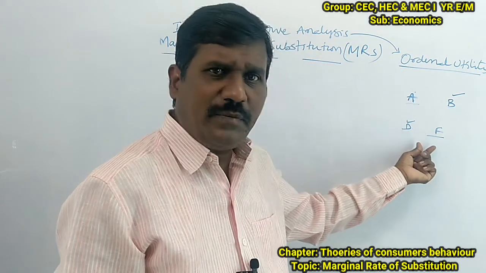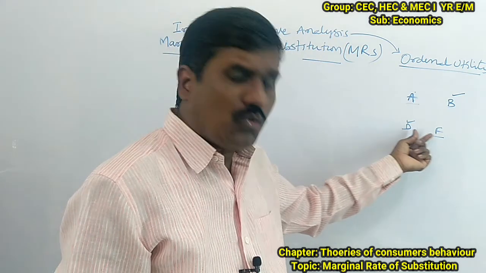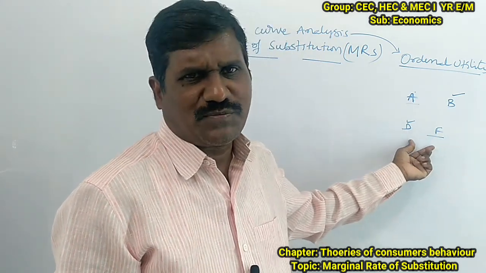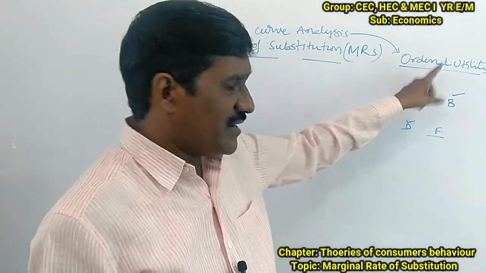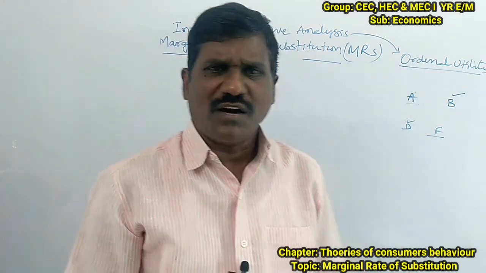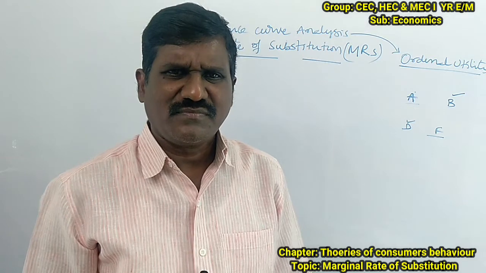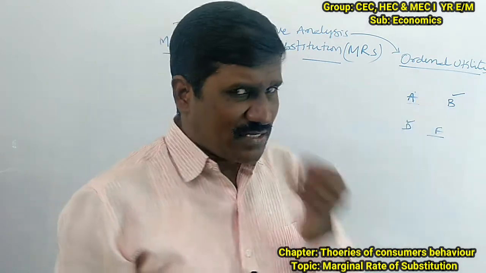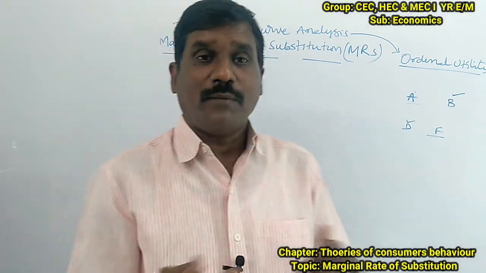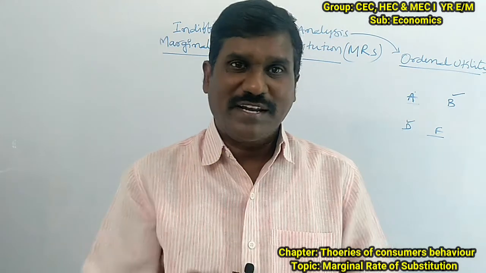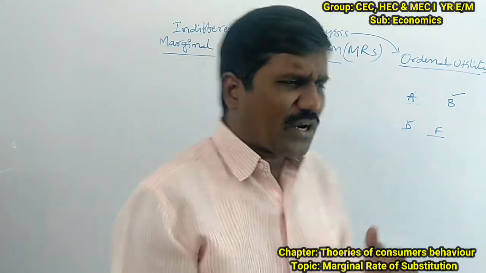The comparison between two goods or two combinations of goods is called ordinal utility. We can't measure it, it's a comparison. So for the comparison we need two or more commodities.